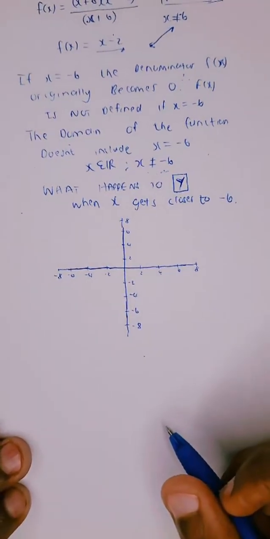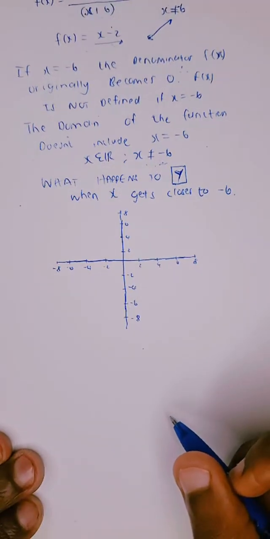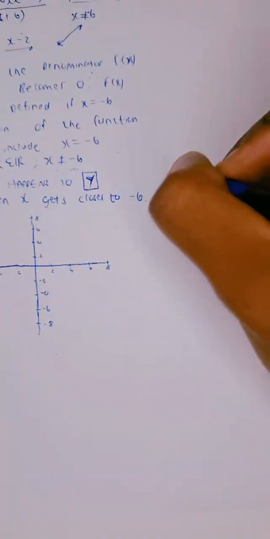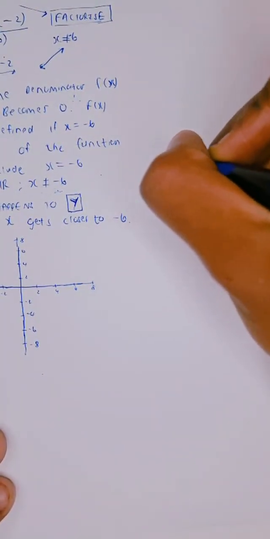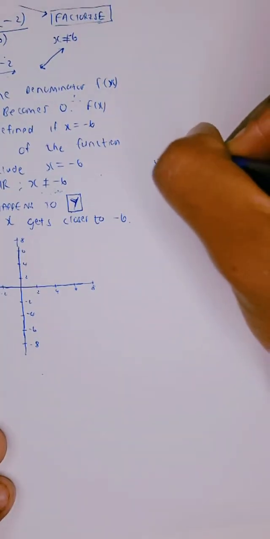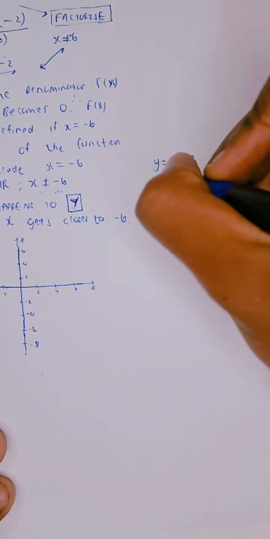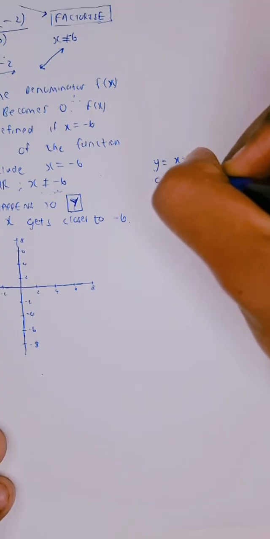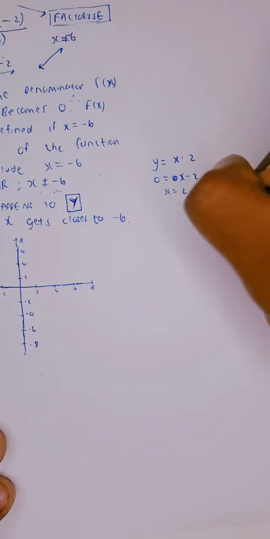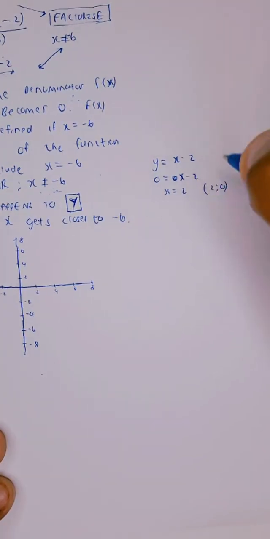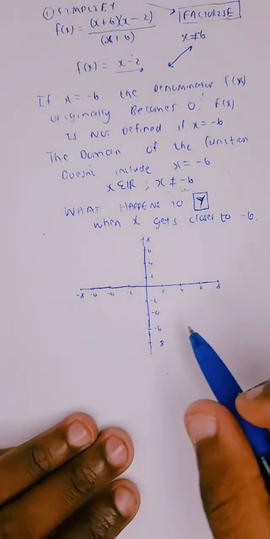The actual function is y is equal to x minus 2. If we let y be equal to 0, we get x minus 2, which gives you x is equal to 2. So the coordinates are 2 and 0.